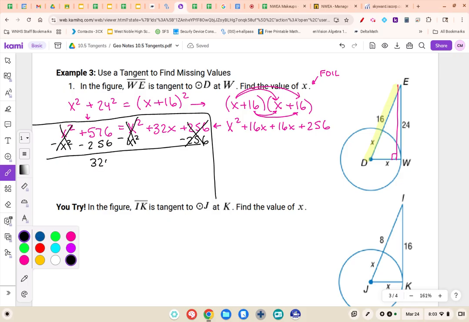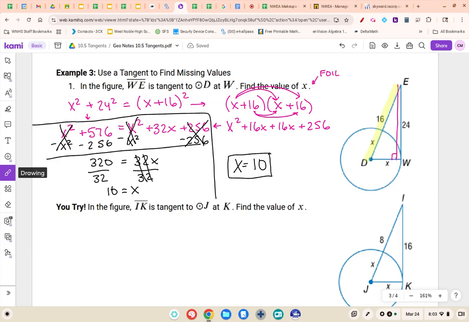I get 320 is equal to 32x. So I divide by 32 on both sides, and x is 10. Which means that our radius is 10. So that is a fairly tricky problem, but we just brought in some things from Algebra 1.